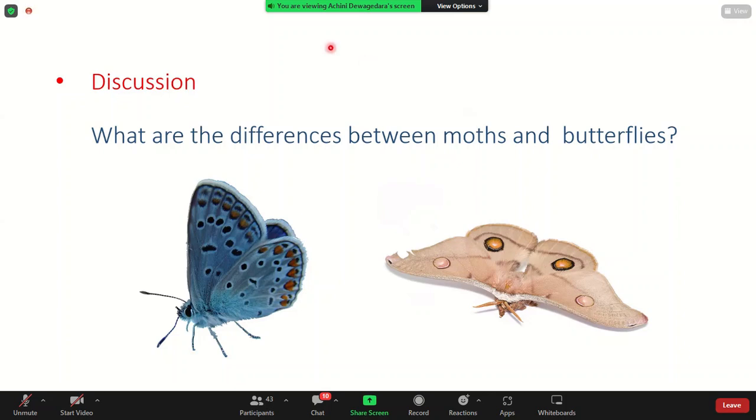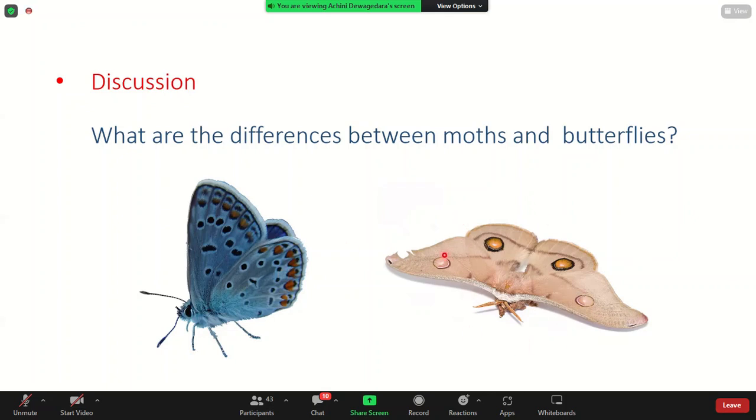Wings are colorful. Okay, yes, that is one very prominent difference between these two. In butterfly, as you said, this is the butterfly and this is the moth. Butterflies, they have very striking, attractive colors.